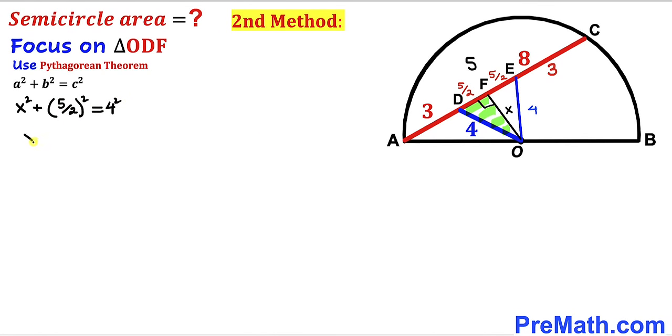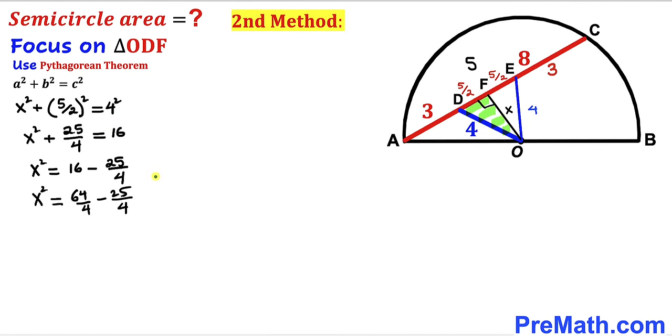Let's simplify. We're going to get x square plus 25 divided by 4 is going to be equal to 16. I'm going to move this 25 divided by 4 to the other side. And here in this next step, I have tweaked this 16 as 64 divided by 4 to make sure we have the same denominator.